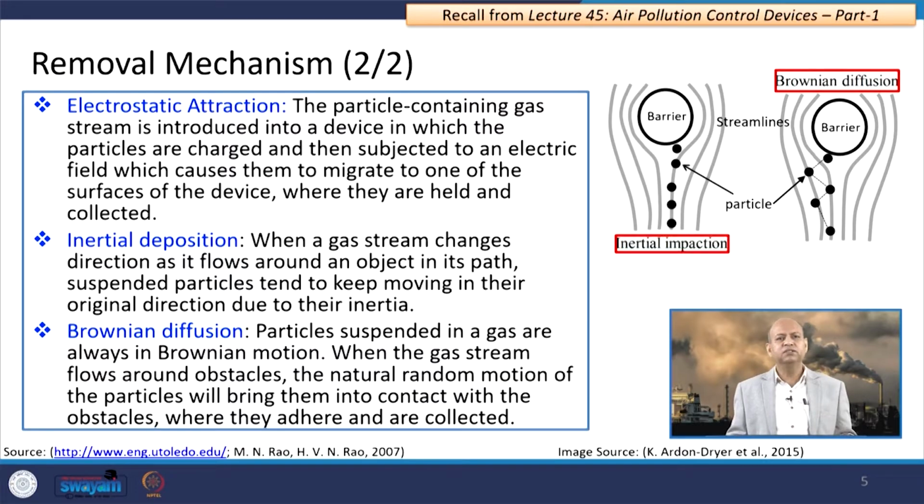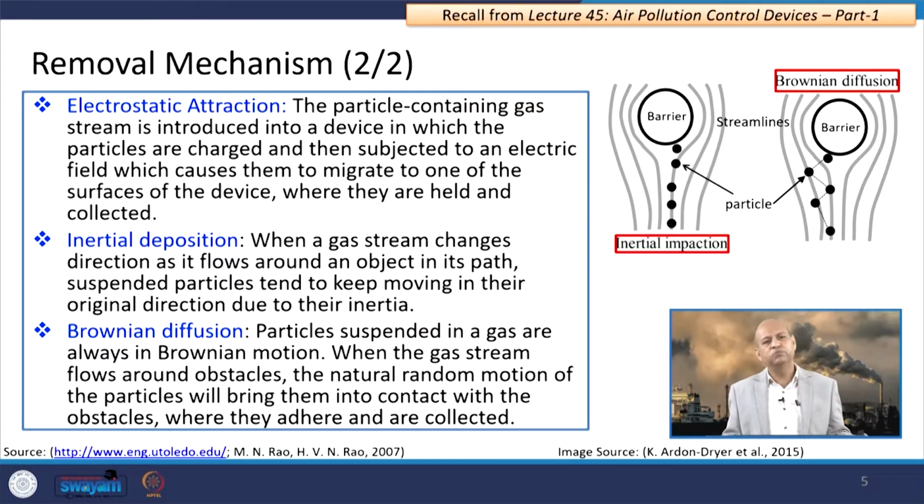The particle-containing gas stream is introduced into a device in which the particles are charged, and then they are subjected to an electric field which causes them to migrate from one surface of the device to another surface where the opposite charges are there. Then they lose the charge and again slide down and get collected into the bottom hopper.